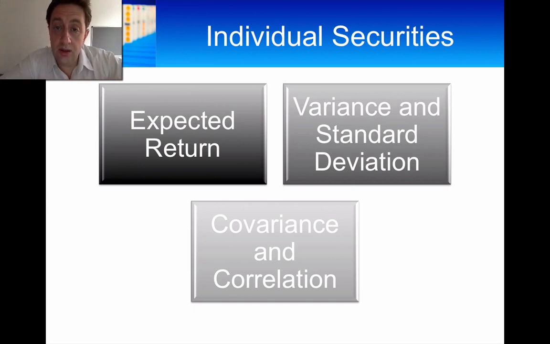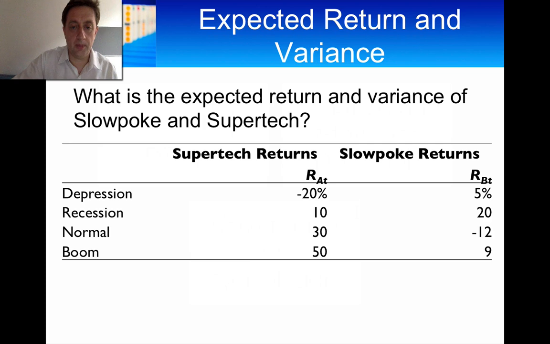We'll be looking at variance and standard deviation. Variance is a measure of risk, and standard deviation is another measure of risk. It's just the square root of the variance. And then we'll have the relationships between the different assets, and that is known as the covariance and the correlation.